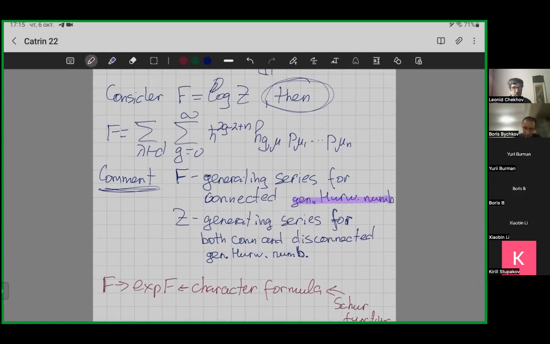They are hidden as follows: you should expand H_g,mu in s variables, and then you obtain the Hurwitz numbers themselves, the number of coverings of such a profile, which is counted by p variables and s variables. But here in this H, we really sum up all these guys.